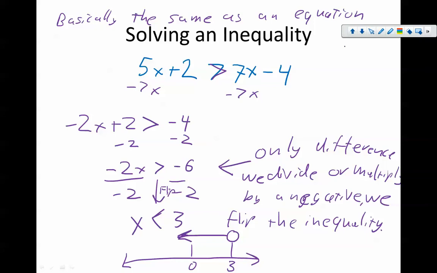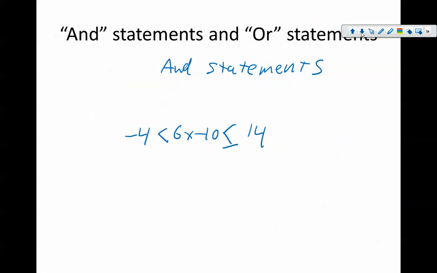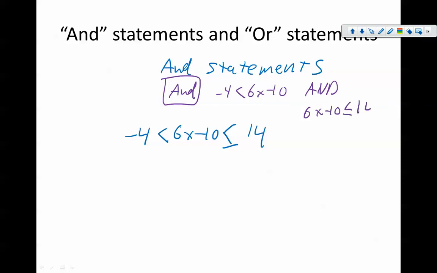All right, let's do 2 more examples, and statements and or statements. So as I said before, this is an and statement because this is negative 4 is less than 6x minus 10, and 6x minus 10 is less than or equal to 14.